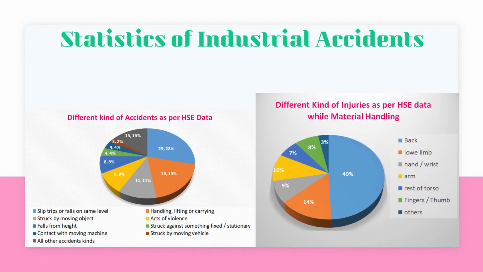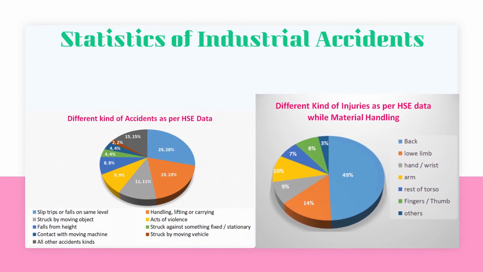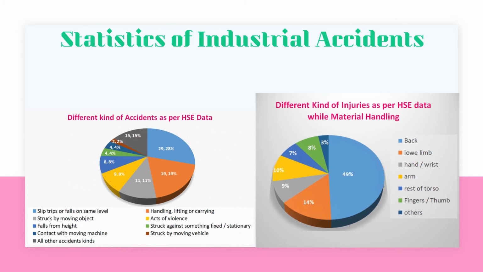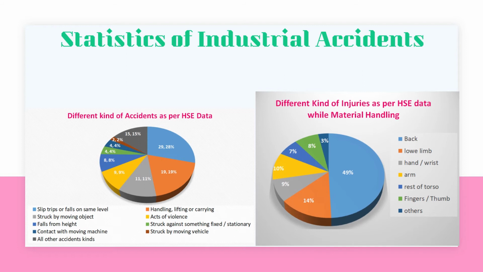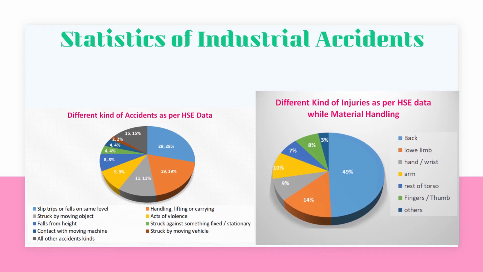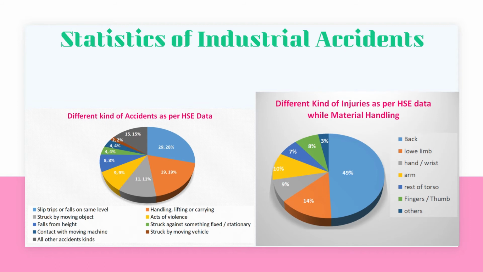And if you see direct manual metal handling, that is handling, lifting or carrying, it is almost 20%. So if we take slips, trips and manual metal handling all together, that comes to almost 40 to 43%. So it's very high. The chances of getting injured because of metal handling is very high. So it's a serious thing.